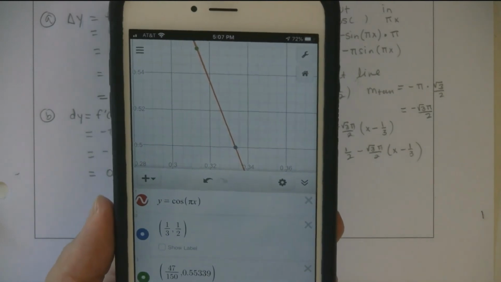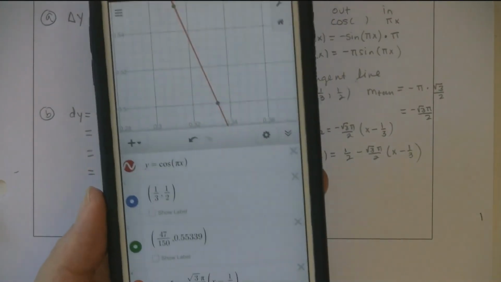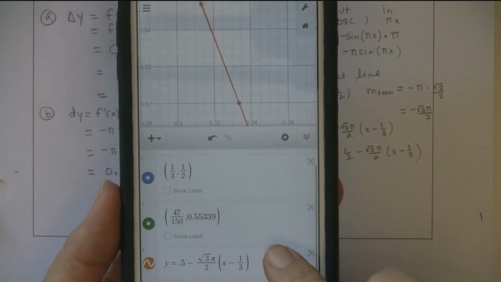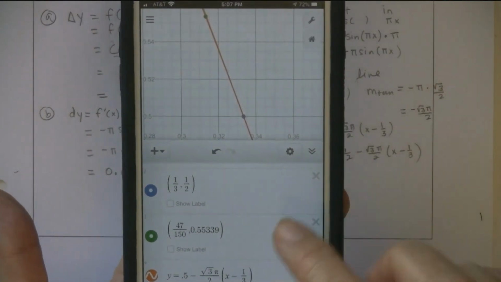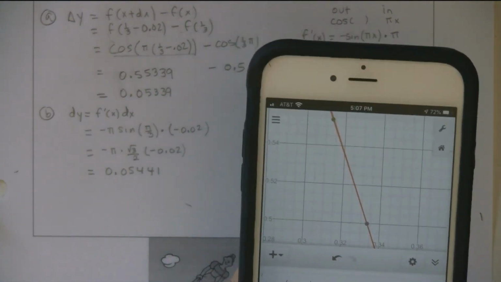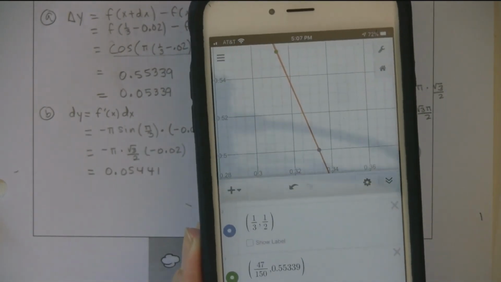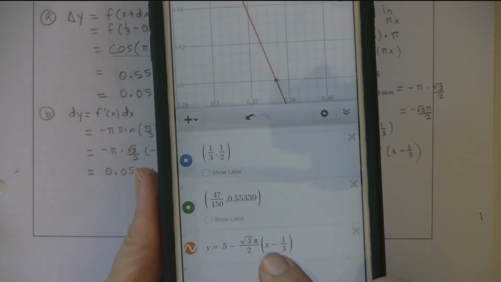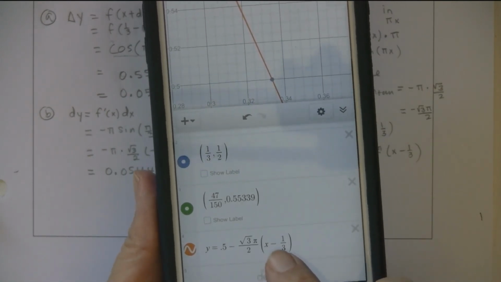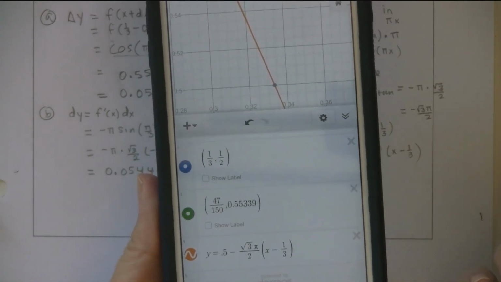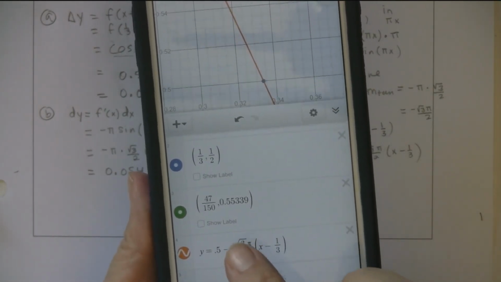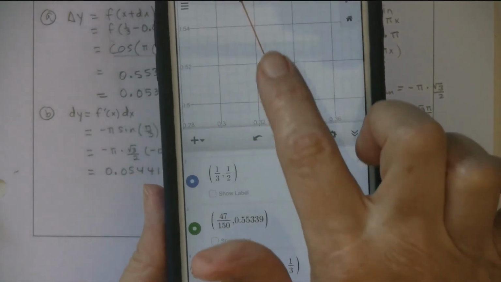And then what we're finding when we use this formula, we're putting in for x 1/3 minus 0.02, and we're finding the new output that you would have, which is the same as having 0.02 in here, and then that's what your output would be, right?